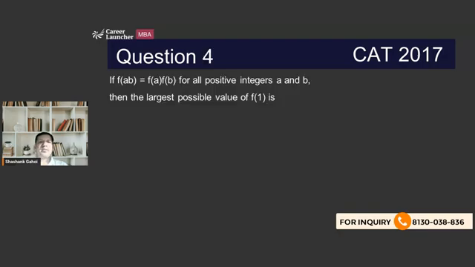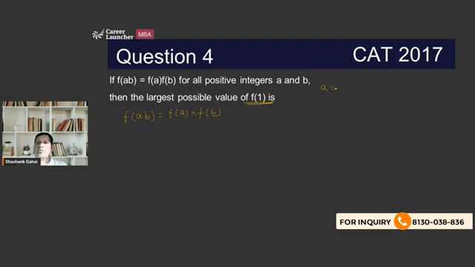Okay. Now this says that f of a into b is equal to f of a into f of b. The question is asking for the largest possible value of f1, and there is no other information given. So I am not going to think much.